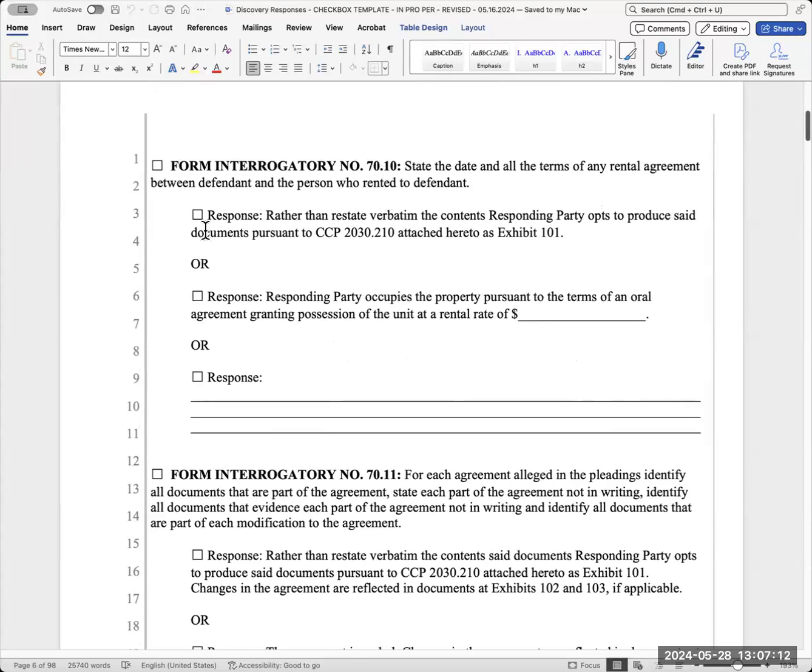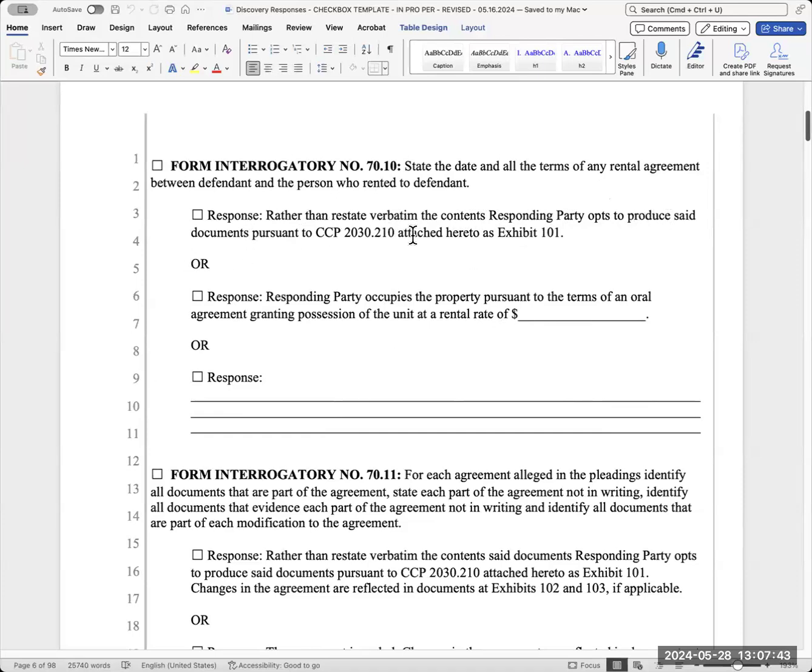The response that the EDN attorneys have put in is basically saying, instead of typing out or handwriting all the terms of my agreement, I'm attaching my agreement here as part of my exhibit binder. You can find it under Exhibit 101. That is my lease or rental agreement, and you can find your answer to the question there. All the terms of the agreement are in the attached lease or rental agreement.